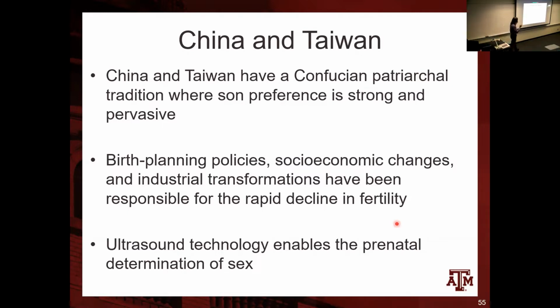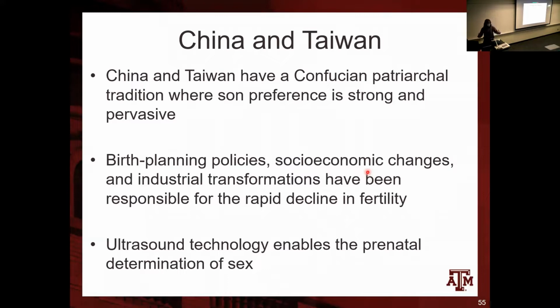But it was not only that. It was not only a birth planning policy, in this case, the one-child policy. Also, socioeconomic changes and economic development made it more expensive to have children. All those factors influence the decline in fertility.